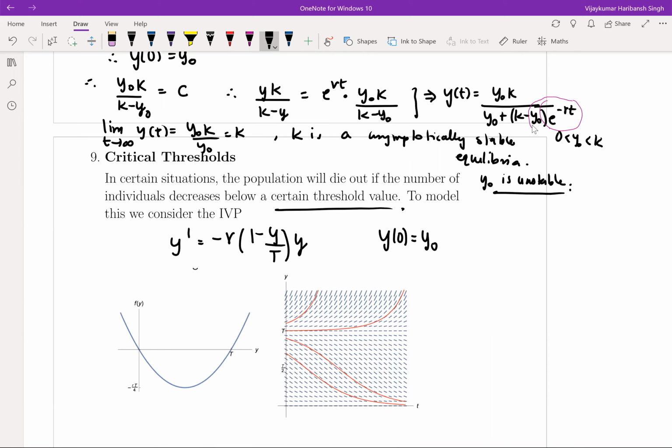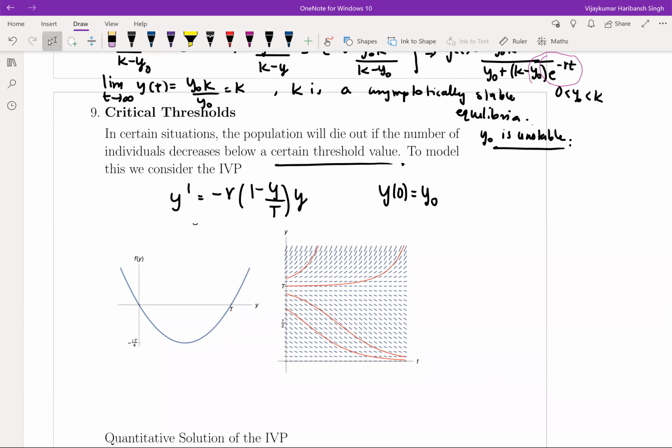Now, if you compare this with the logistic growth, you will see that it was almost like a logistic growth, but there's a minus sign here. And instead of k, you have T, which is the threshold value. Now let's try to draw it. Recall when you had a plus sign, it was an upside down parabola. Now because we have a minus sign, we'll have a right side up parabola.